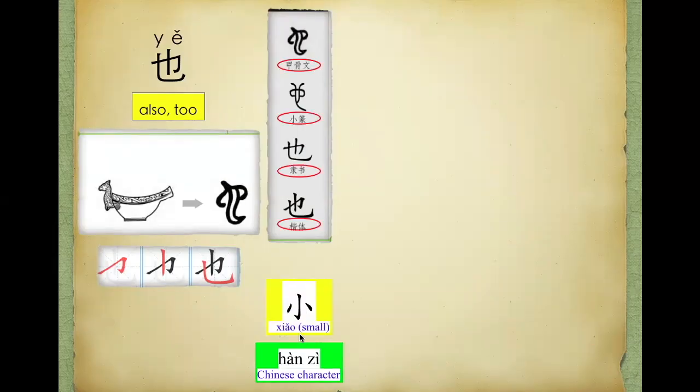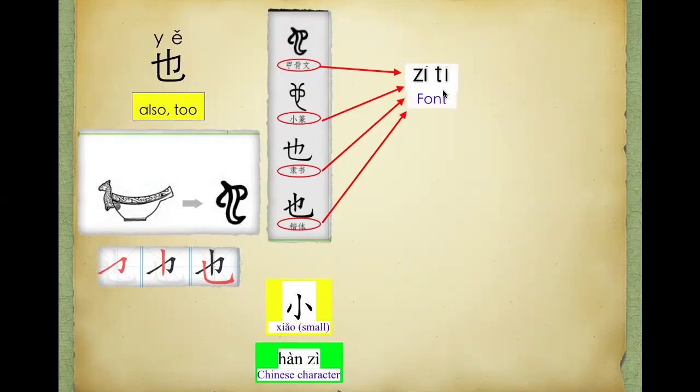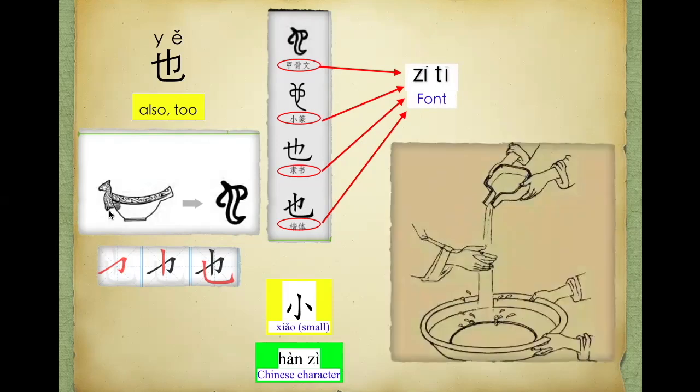These are 小汉字, in different 字体, fonts. Because the evolution took a long time, hundreds or thousands of years, they have different fonts. That's the object. The object here is this.